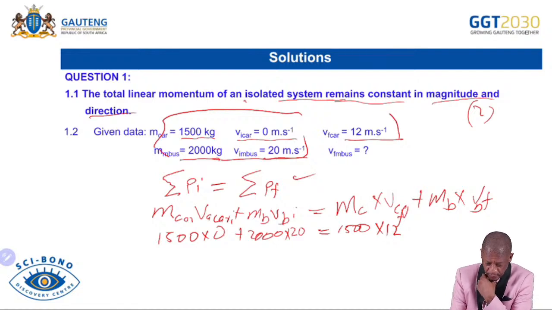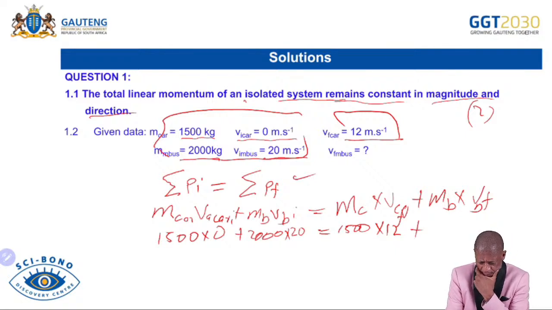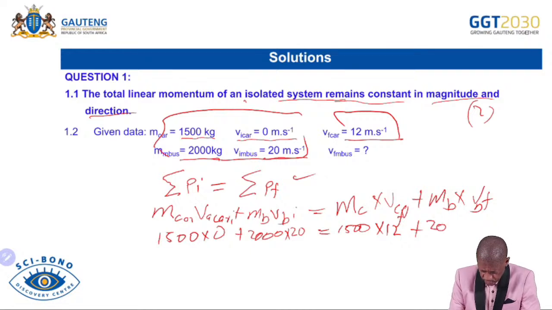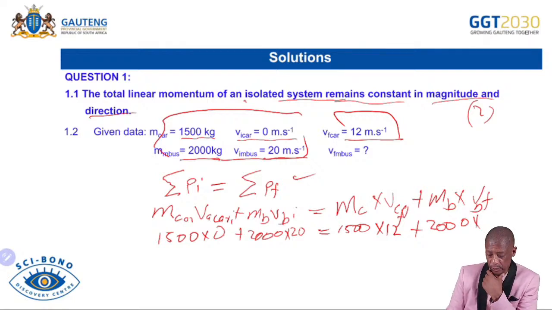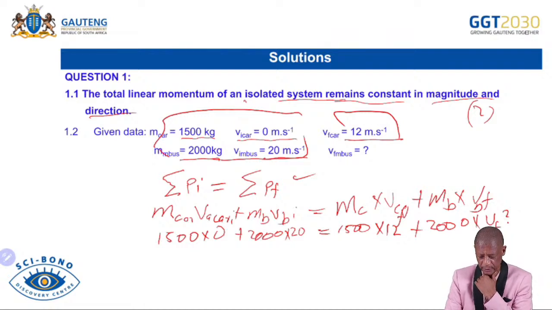This is the 12 that we are given. Plus the mass of the minibus, which stays the same, 2,000, multiplied by the velocity, which you don't know. Remember, we must get one unknown. This is the one that you are going to calculate, the final velocity of the minibus after collision.